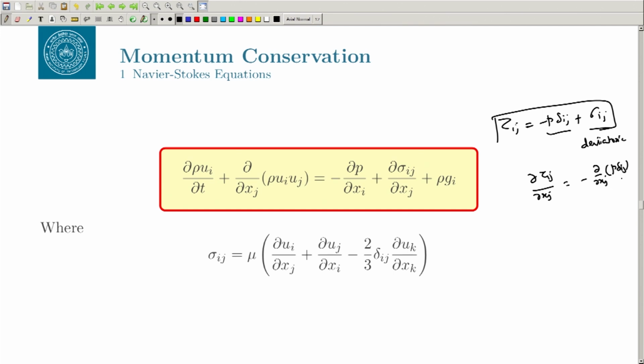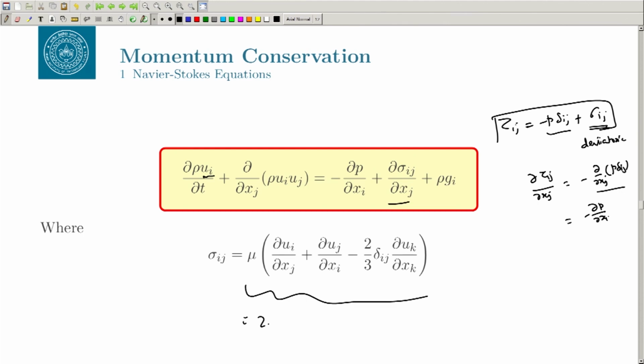Remember this will only work when i equals j, and because our direction is in i here, I am doing this for rho u i. So, this will become minus del p by del x i, right. And similarly, you have this sigma ij which will come here, and sigma ij I have written in this form.